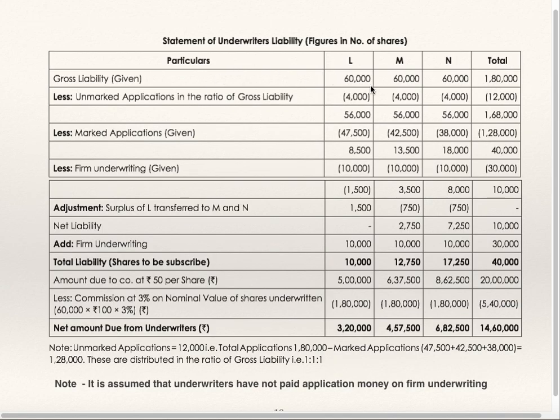Gross liability equally 60, 60, 60, 1,80,000. Deduct unmarked applications, marked applications, firm underwriting. If you get any negative figure, you know now how it is to be done.